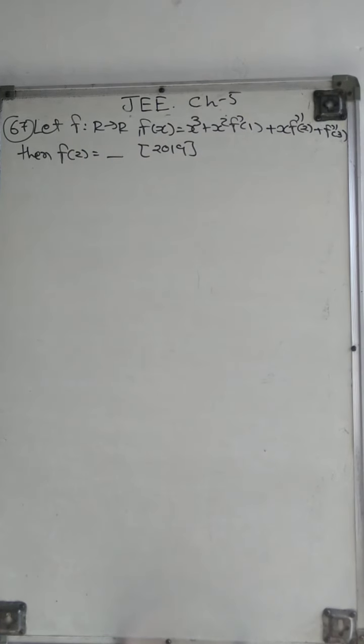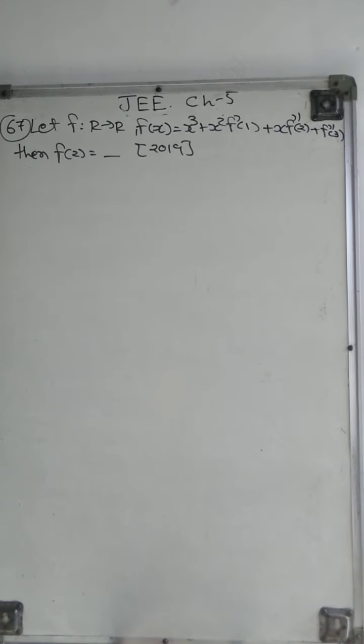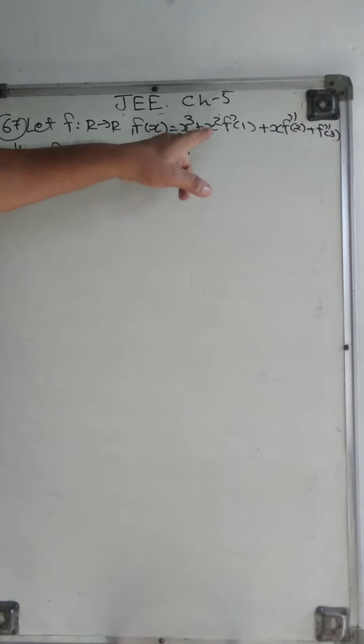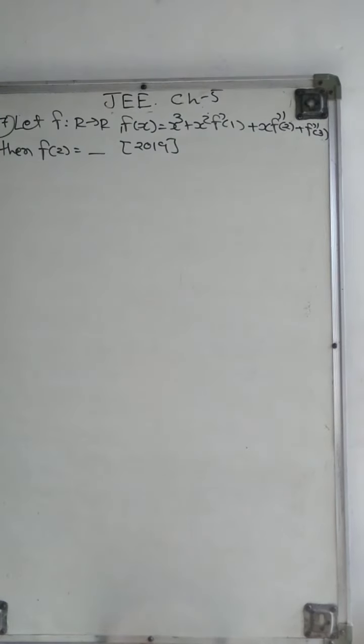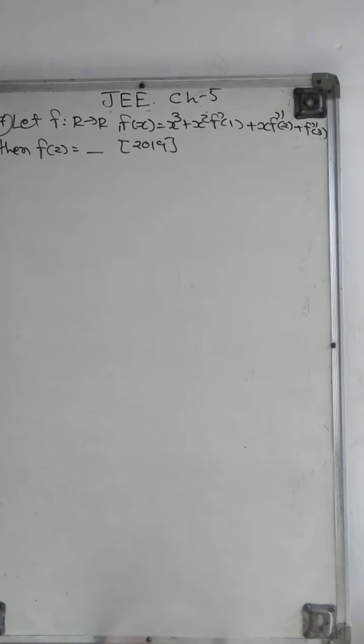Okay. So here 67, let f from R to R. f(x) is equal to x cube plus x square into f dash 1 plus x into f double dash 2 plus f triple dash 3.